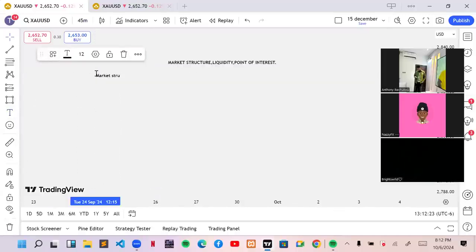Market structure. So market structure is the behavior, condition, and the current flow of the market.